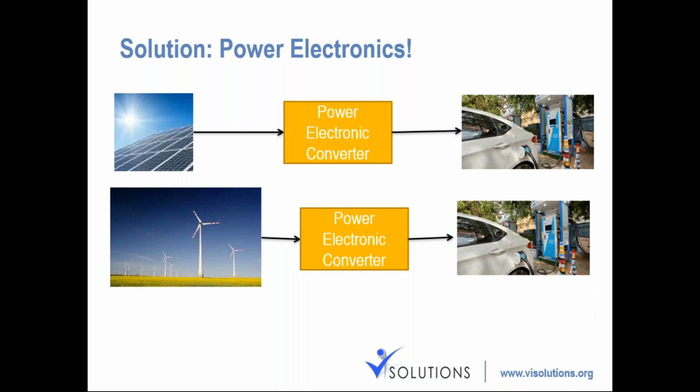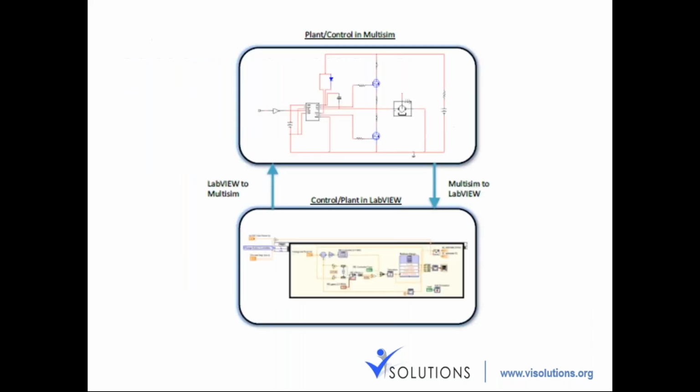In order to control the power electronic circuits, we may need a proper algorithm generator, so for that we go for LabVIEW, and both together can act like a handshake, LabVIEW and Multisim. One can act like a plant and the other like a controller.